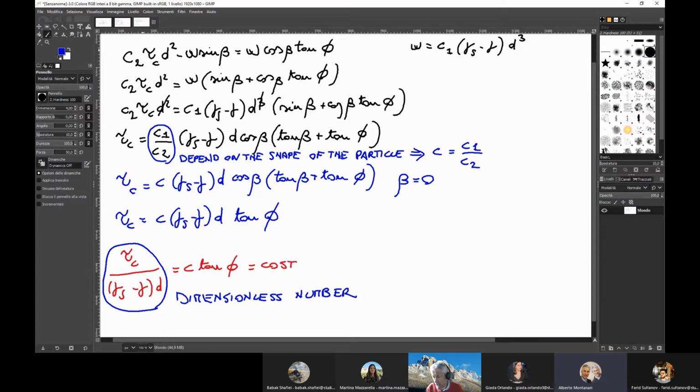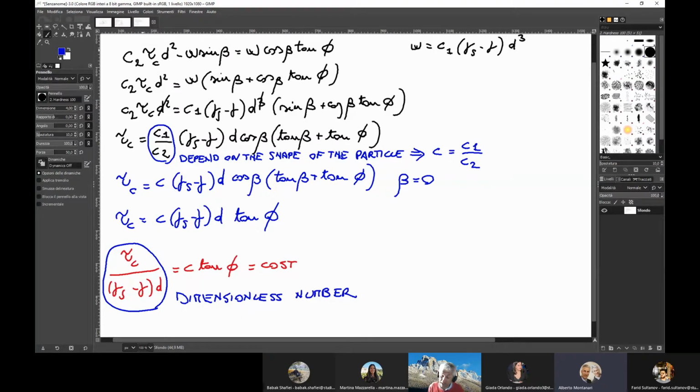For instance, I am assuming that the coefficient C2, which is a drag coefficient that relates the shear stress to the forcing, is a constant. Actually, it's not a constant. It depends on the forcing. So it depends on whether or not the particle is fully submerged rather than partially submerged.